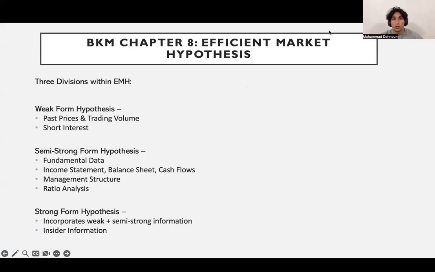So we're going to start with Bodie Kane Marcus Chapter 8, which is the EMH, or Efficient Market Hypothesis. We can really break down the efficient market hypothesis into three different divisions, beginning with weak form hypothesis, which basically starts with the very simple pieces of information that are given to investors.